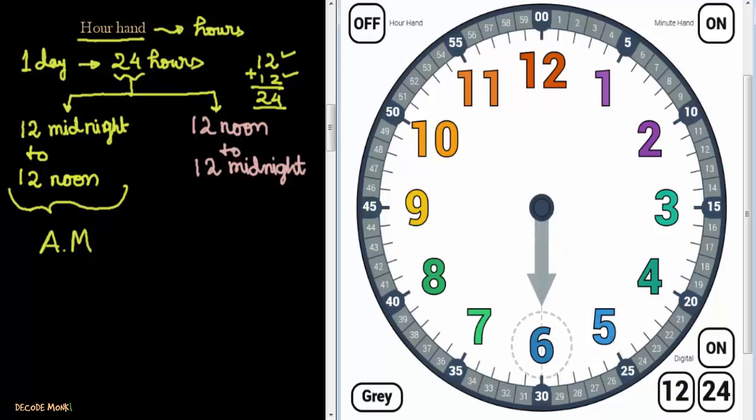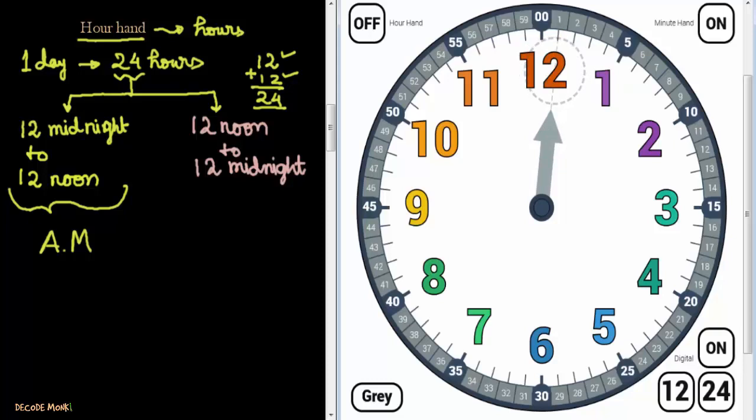Because the time is between 12 midnight and 12 noon, it's a.m. Now at 7 a.m. you must be going to school. It's 7 in the morning, 7 a.m. 8 in the morning, 8 a.m. 9 in the morning, 9 a.m. You are at school during this time. 11 a.m. and 12 noon. So 12 is afternoon, and then when it crosses 12, it becomes after noon, that means after 12 noon.